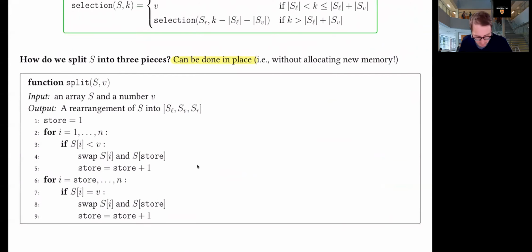The idea for the algorithm is quite simple. It's almost brute force in some sense. What we do, I'm going to make this variable called store, and it starts pointing at the first element in the array. And then I loop over the whole array. I'm going to try and find everything that's in S left. So what we're doing here is moving the elements of S left to the left of the array.